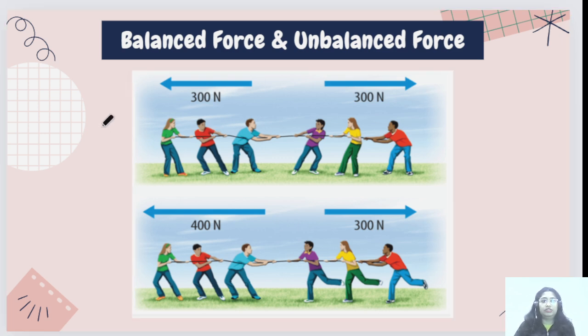Let's suppose this is our A team and this is our B team. So both teams should have an equal number of people, three people here, then three people in the B team. So suppose both teams are applying equal amounts of force, like here it is saying 300 Newtons both teams are applying. So what will happen?